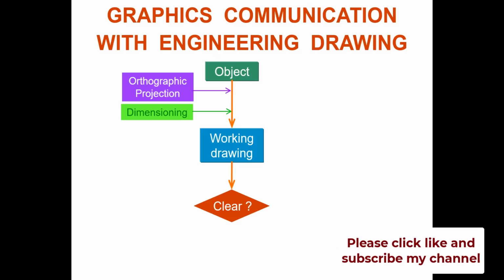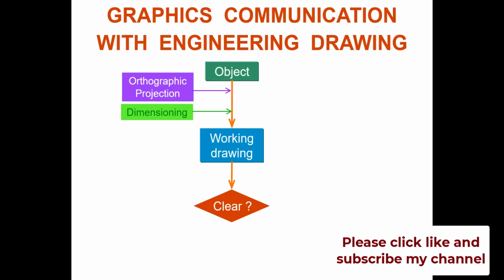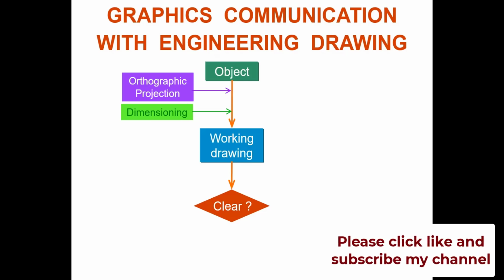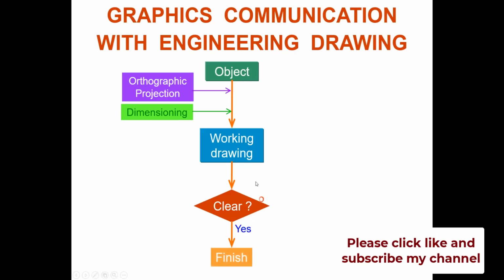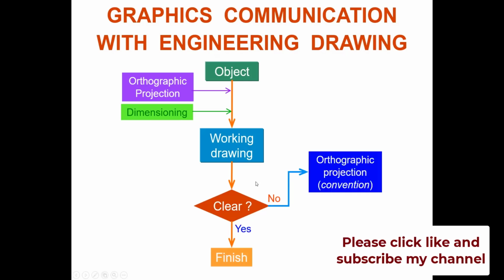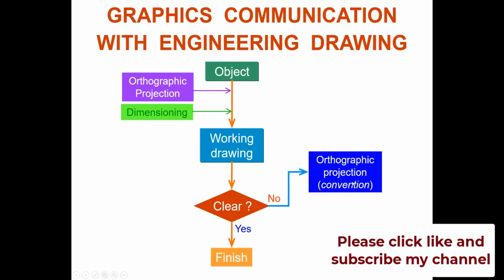Is it clear? If everything is clear and people understand your drawing, then good, finish. If it's still not clear, then you go back to the orthographic projection convention that you have learned before. Maybe something is wrong with your orthographic.